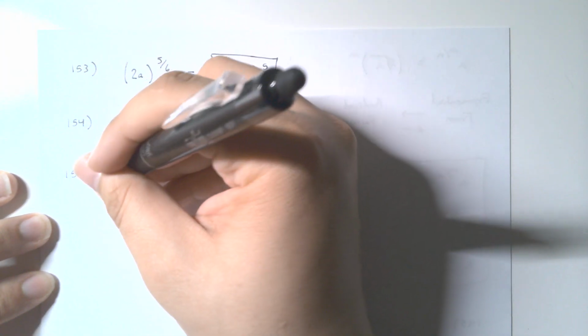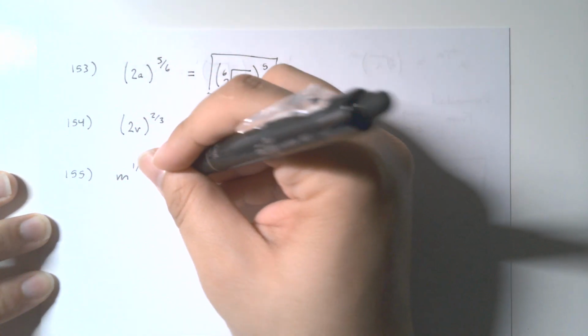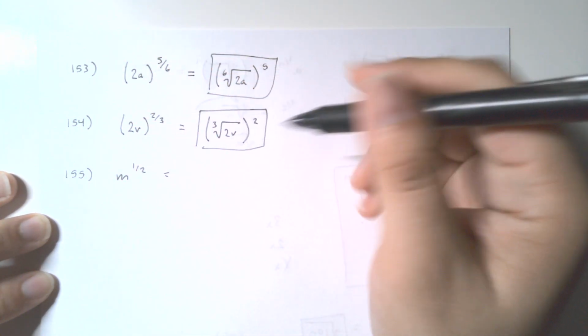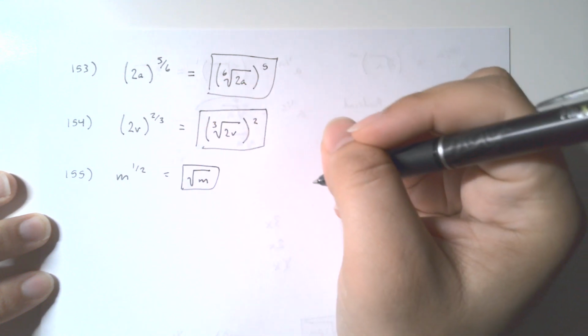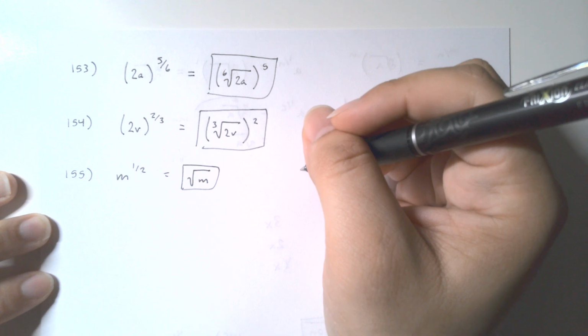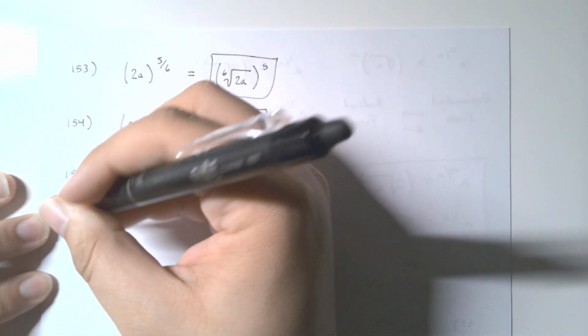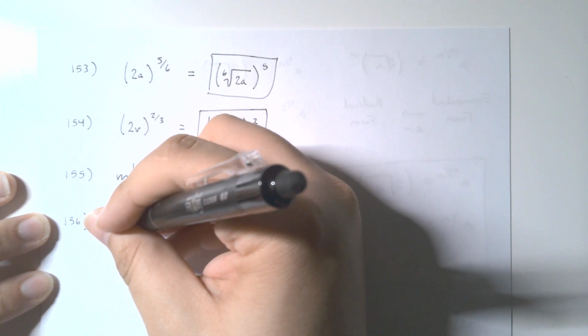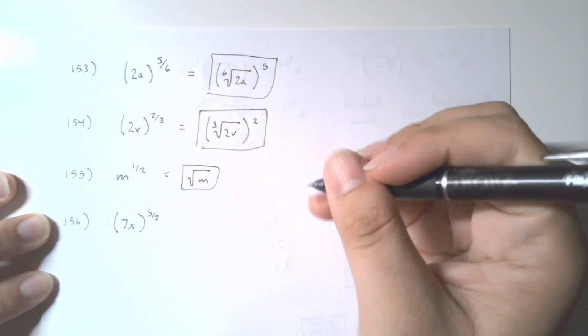For number 155, we have m to the 1/2 power. We can, of course, use this approach, or we can memorize that this just means the square root of m. And for the last one, number 156, we have the 7x to the power of 5 over 2.